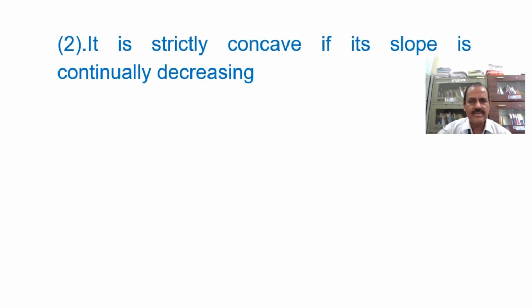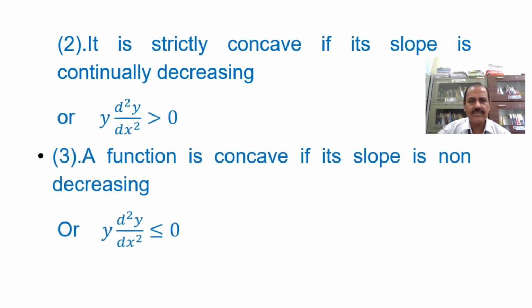It is a strictly convex curve. The test is the same, but the strictly greater than sign appears here. This is the strictly greater than sign. Remaining is the same. Similarly, a function is concave if its slope is non-increasing, just opposite to convexity.